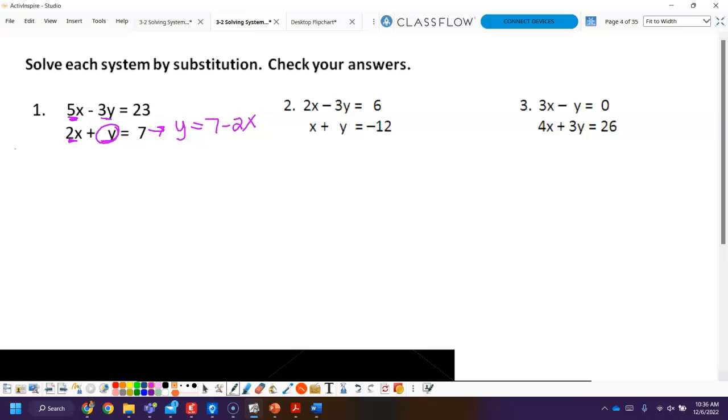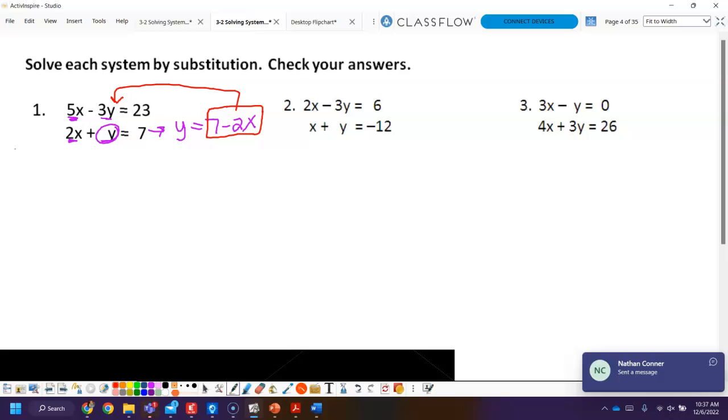Now you're going to do exactly what we did in the previous warm-up. You're going to take 7 minus 2x and replace y in the other equation, not in the one you solved for, in the other equation.